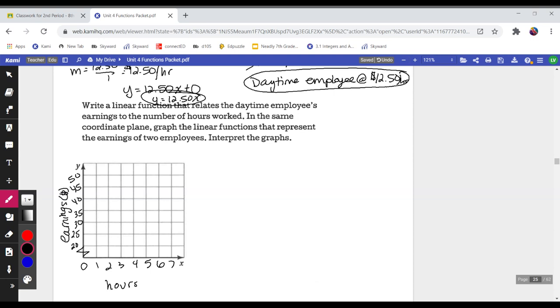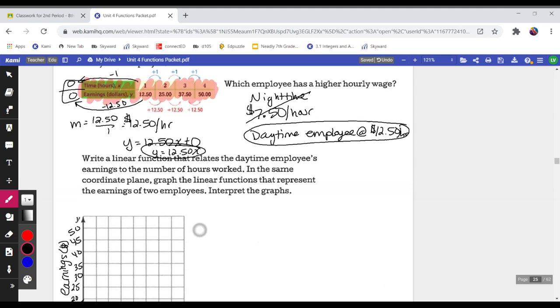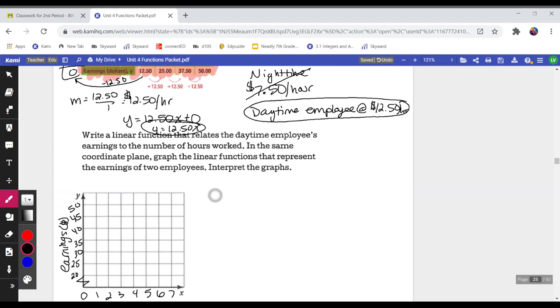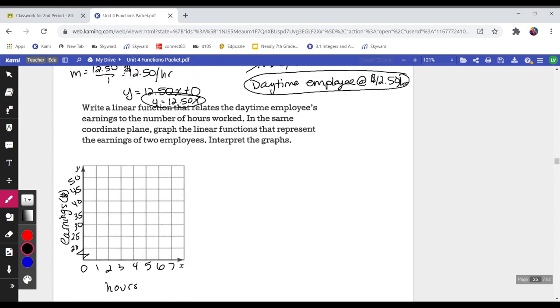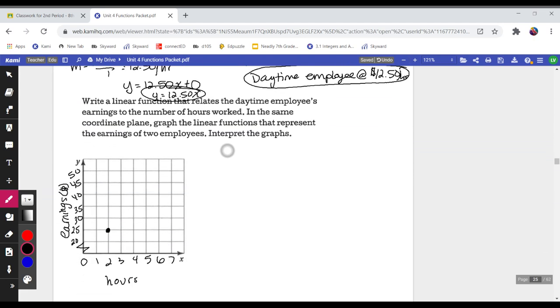First I'm going to graph the daytime employee. Actually, I'm going to start with 2 hours is $25. Then I'm going to go to 4 hours is 50, just because those actually hit on the graph.